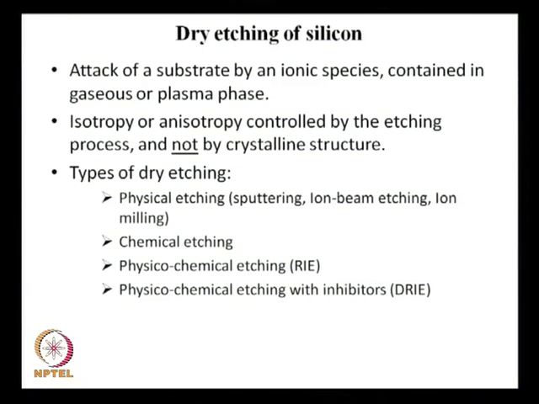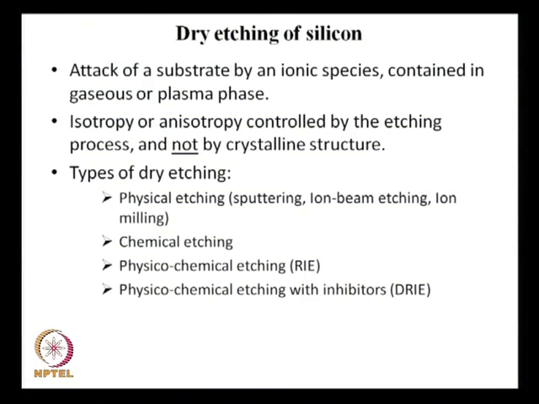And there are various forms of dry etching possible. First of all, the first one is physical etching, which goes by other names as well: sputtering, ion beam etching, ion milling. These all refer to the same etching process. The second method is chemical etching.